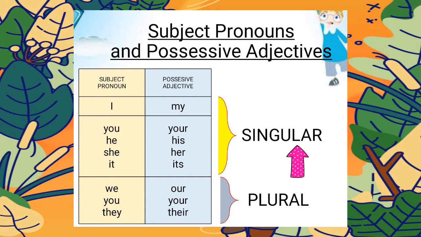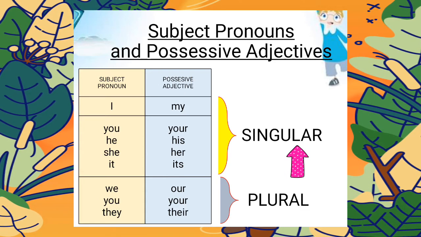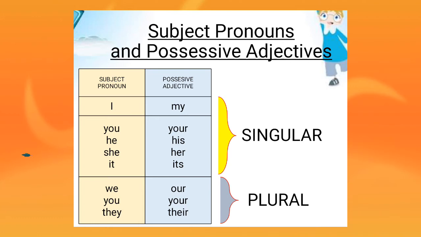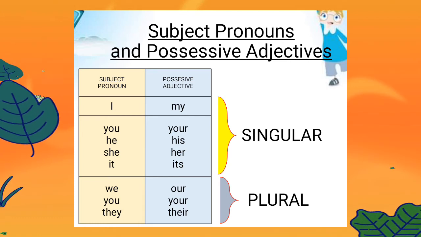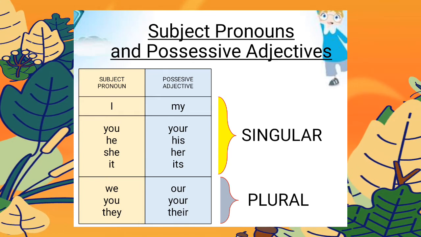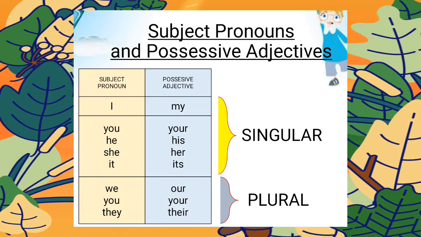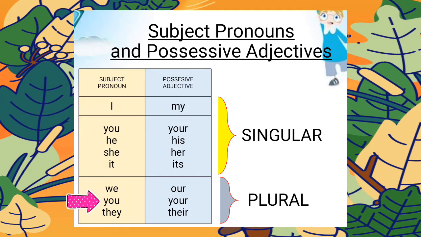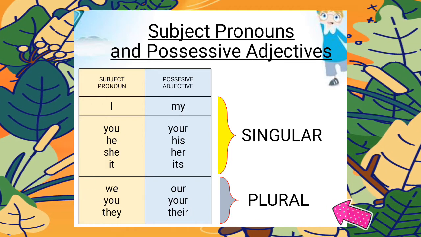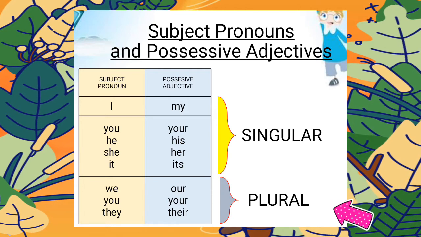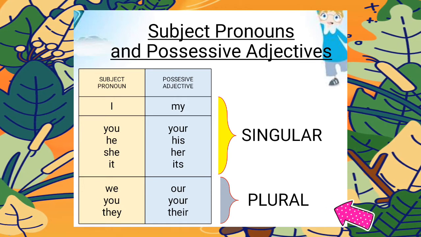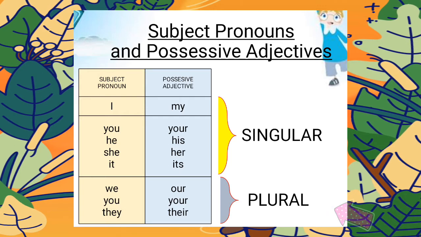Why is it called singular? Because it has only one. Okay. Next, the plural subject pronouns. For example, we, you, they. They are called plural because it has more than one object.